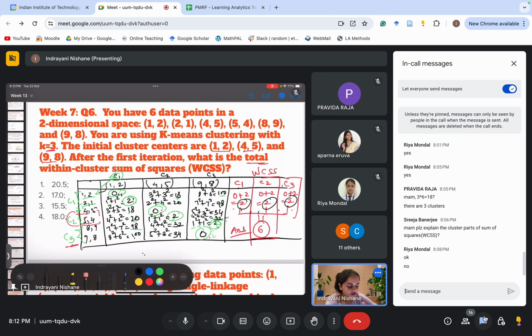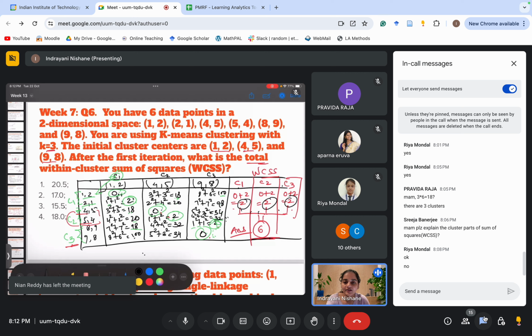Meanwhile, I'll repeat the process, because there seems to be a bit of confusion about how these clustering questions are to be solved. We assign the data points to the nearest centroid, so we find the distance between the data point and the centroid. In this table we are doing that.